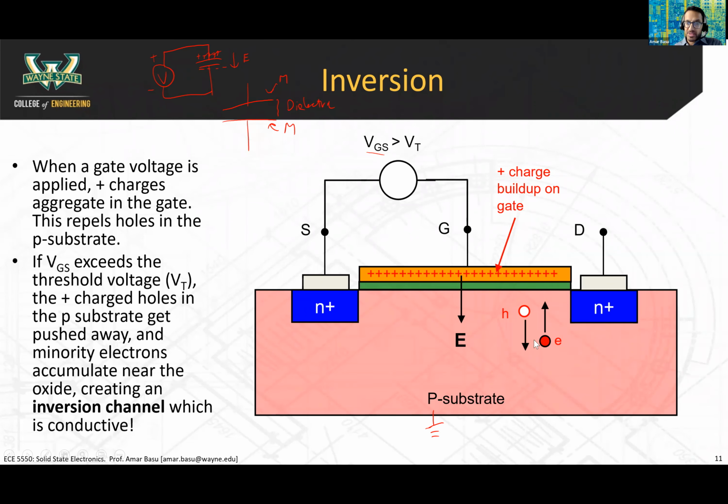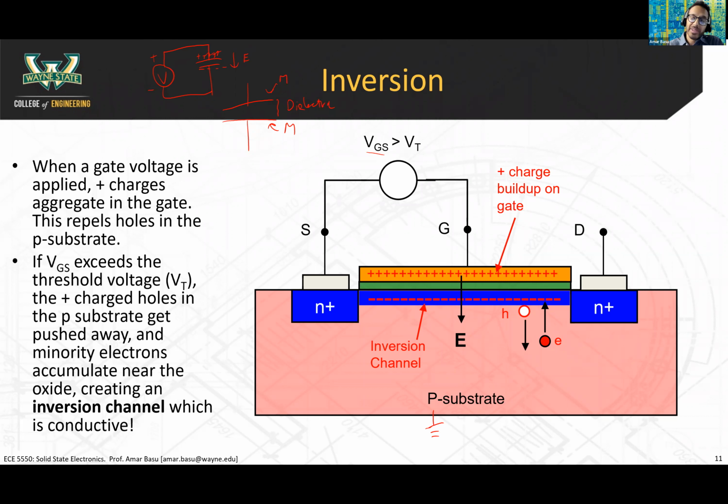But when this happens, it's super interesting: you end up getting an N-type material underneath the channel. You see? Just think back to what our definition of semiconductors is. A P-type material has lots of holes and very few electrons.